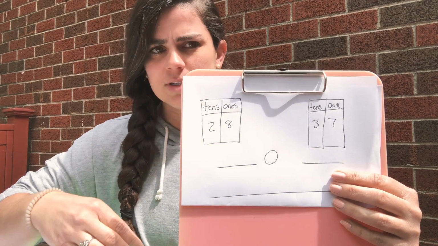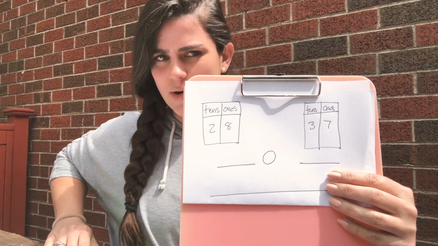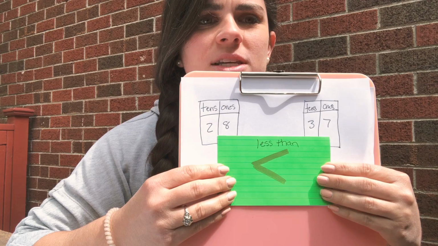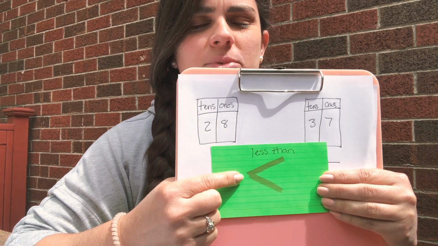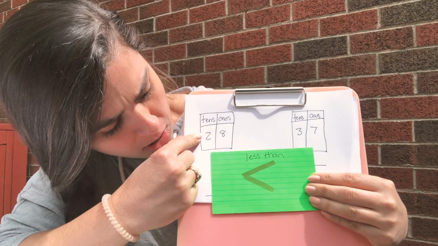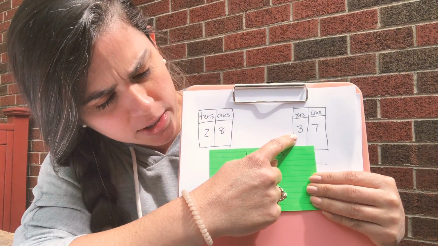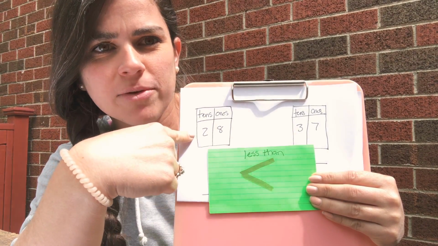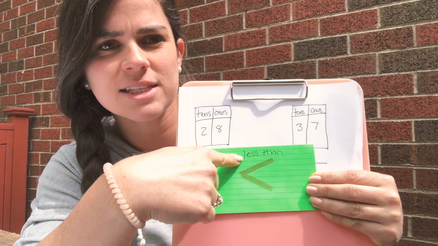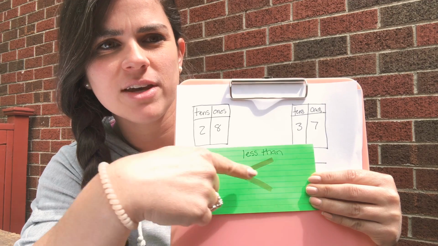Now I'm going to use a symbol, a math symbol, to compare these two numbers. And this math symbol means less than. So because my smaller number is over here and my bigger number is over here, when I'm reading it from left to right, I'm going to say 28 is less than 37.